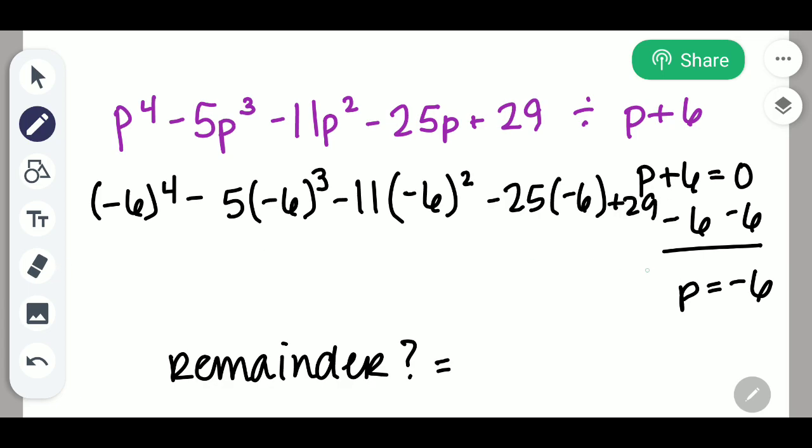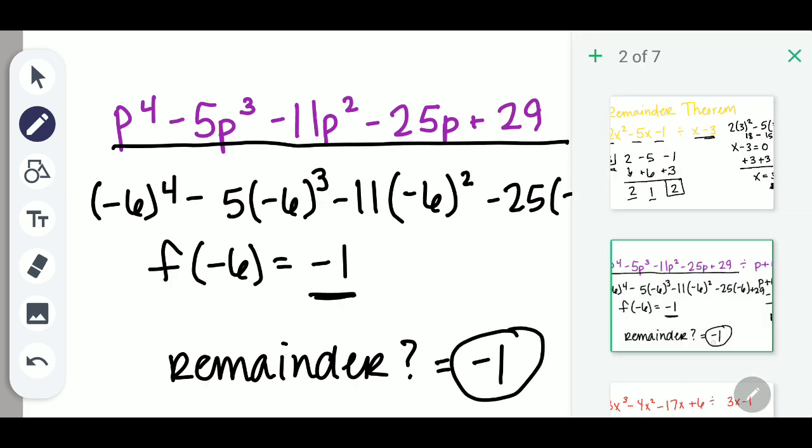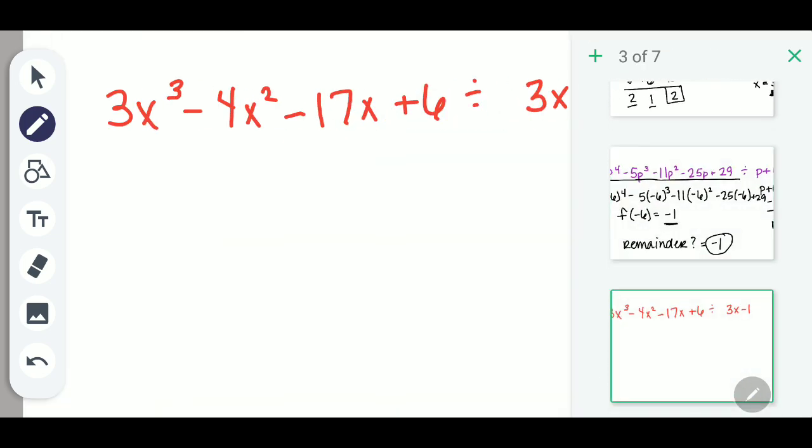Type that in your calculator. When you plug negative 6 into the function, you should get out negative 1. So our remainder in this case would be negative 1. So if we divided p to the 4th minus 5p cubed minus 11p squared minus 25p plus 29 by p plus 6, our remainder will end up being negative 1. Okay? Let's get another example.